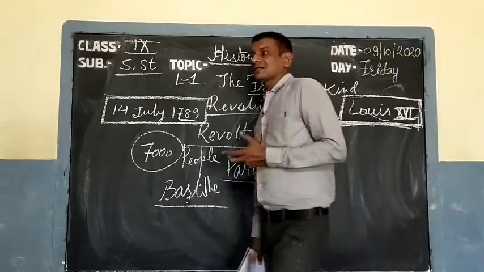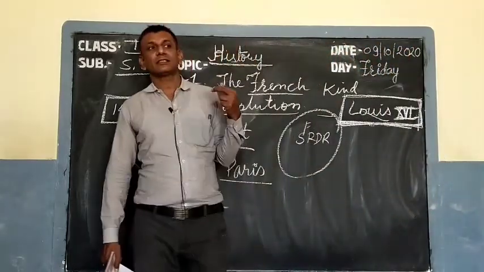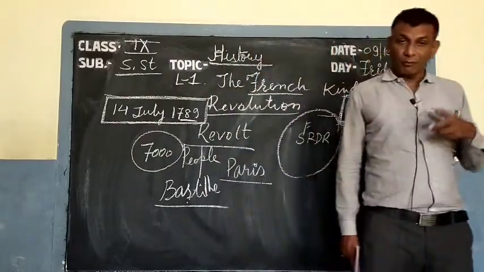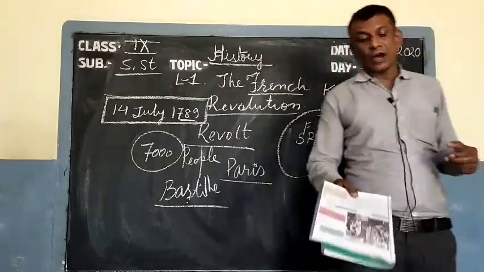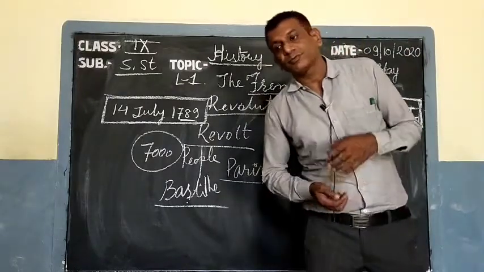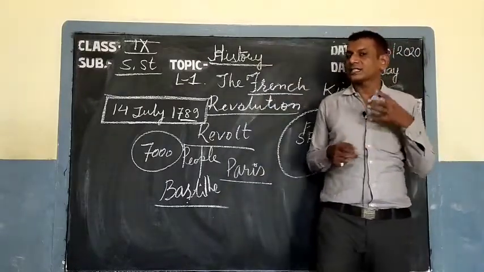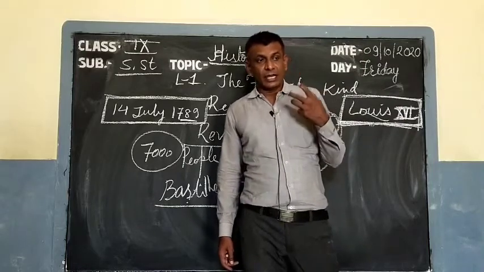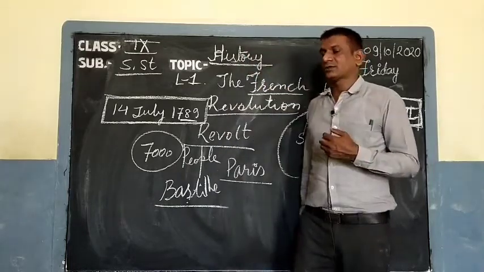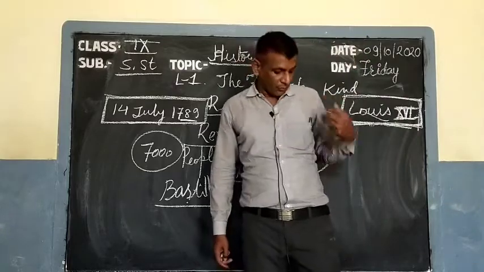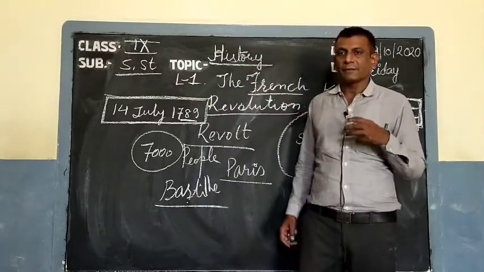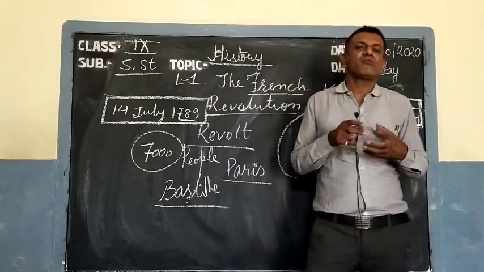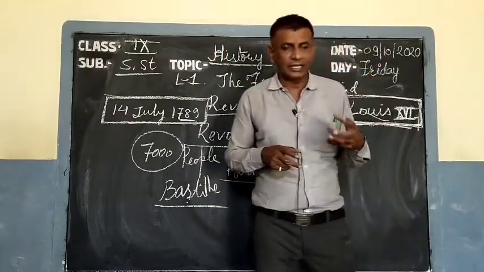So you can say when population is increasing, there is a big population, then obviously the supply of things will decrease, whether of food items or wearings, everything. The demand will increase but supply will decrease.